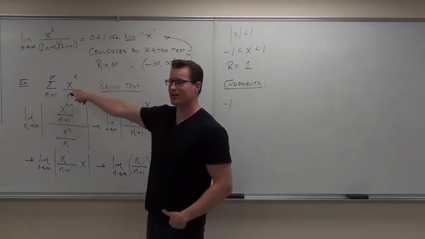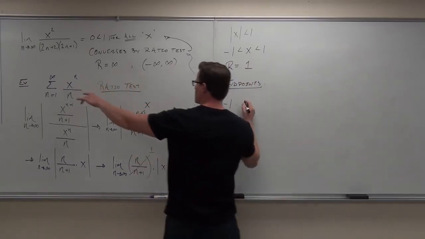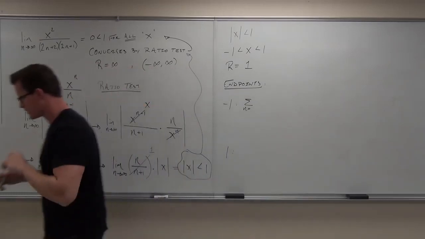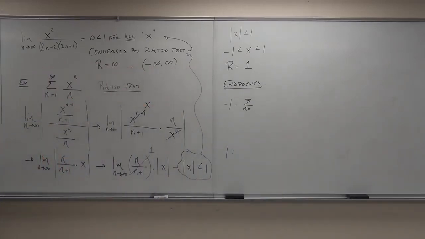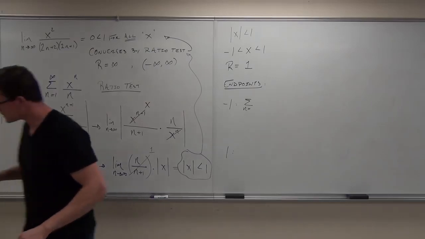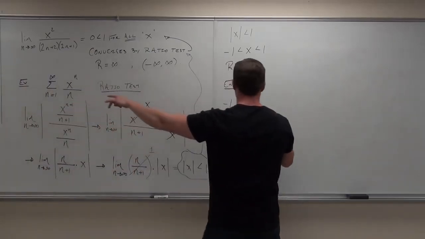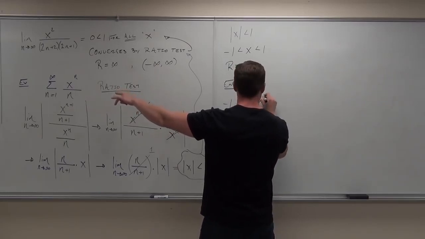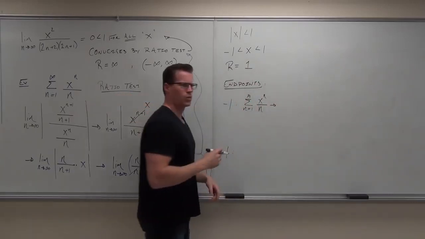Plug it in here. So here we go. If we have our series going from n equals 1 to infinity of x to the n over n, what am I plugging in for?